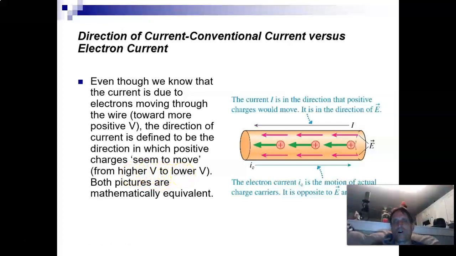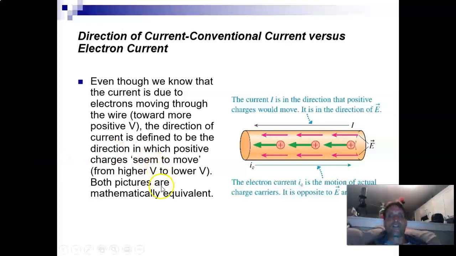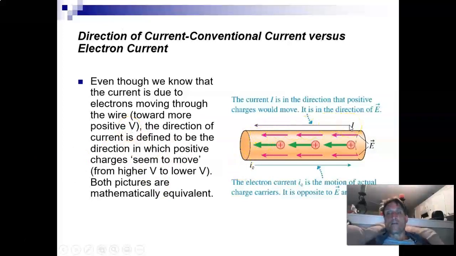So when we start talking about current in circuits, we'll talk about the positive charge moving from higher to lower potential, even though what's really happening physically is the electron moving from lower to higher. Mathematically both pictures are equivalent. So we're going to treat this in terms of positive charge moving from higher to lower potential. That's our definition, that's our direction of the current.